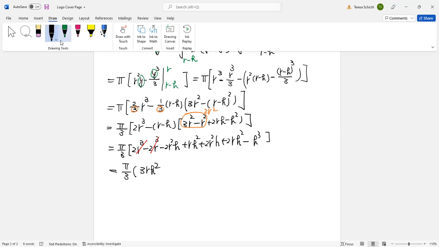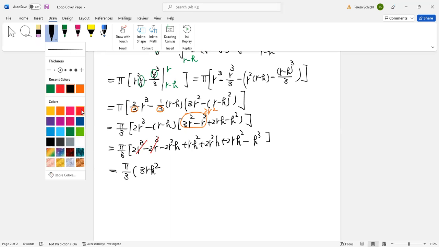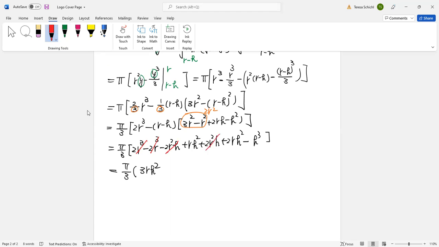All right, so this one I need to be careful here. So this one I can cancel. So I have rh squared. These two I can combine. It is 3rh squared, right? And then the last term, okay, finally I get it combined correctly, minus h cubed here.